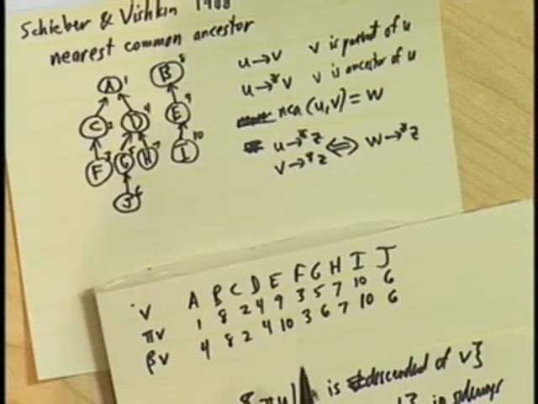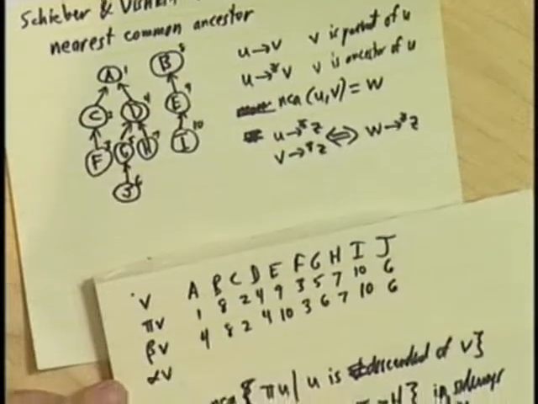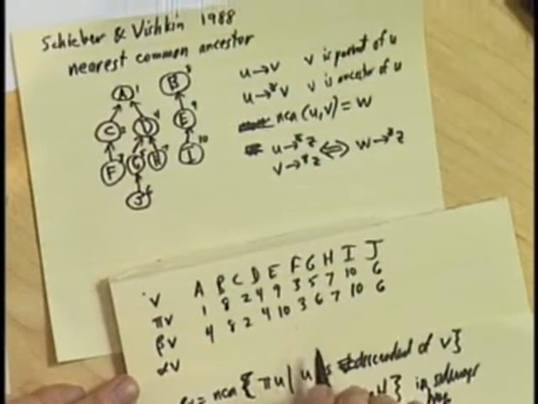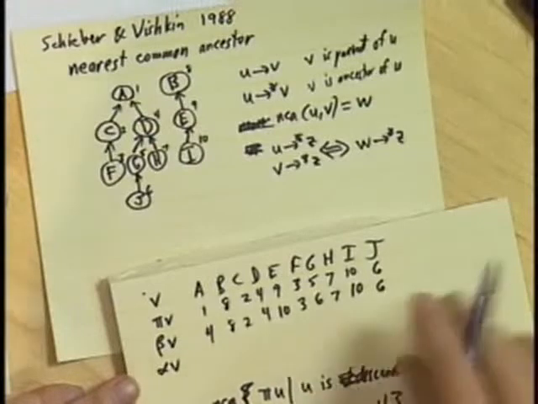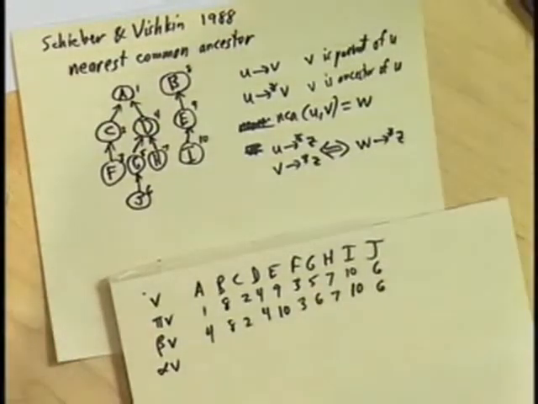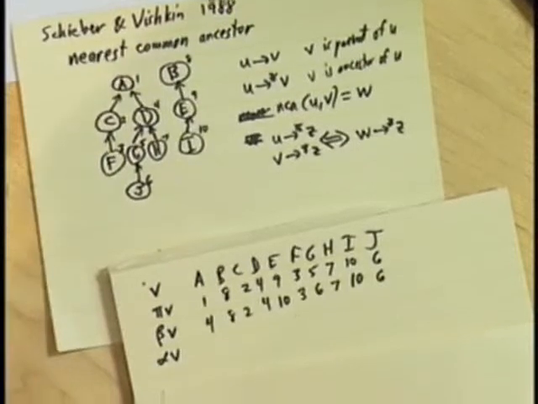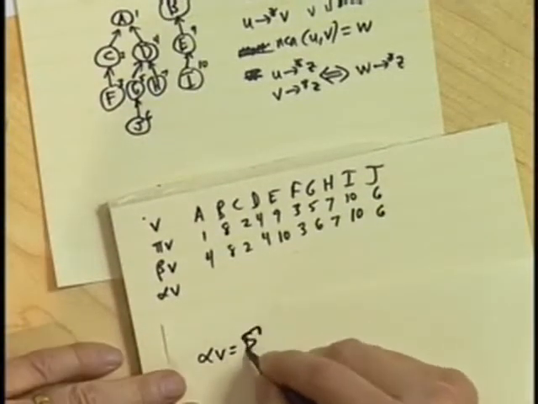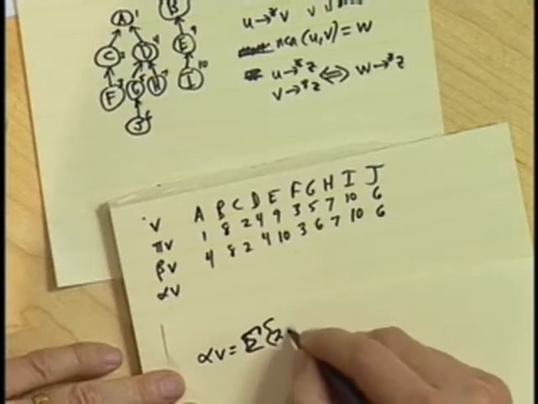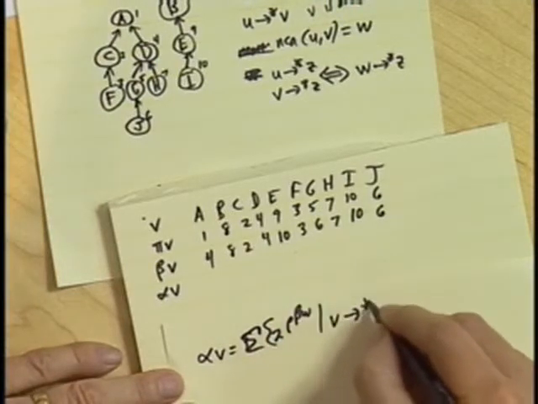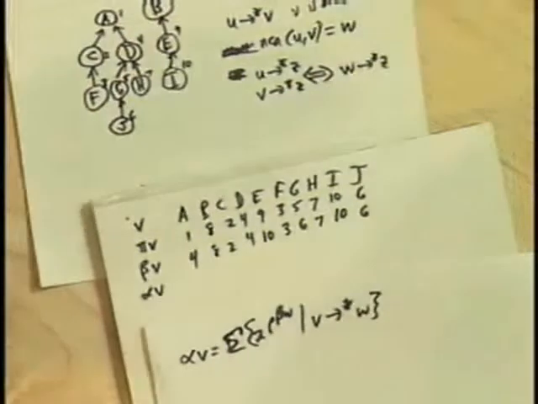And okay, then there's an alpha of v, which is given by a formula. Alpha of v equals the sum of 2 to the rho of beta of v of w for all v that are ancestors of w.